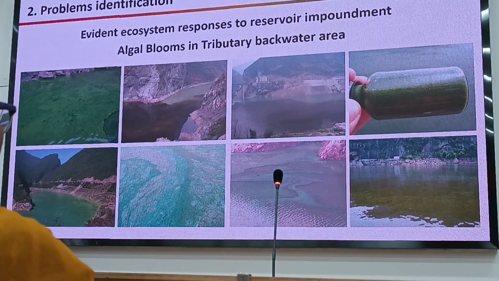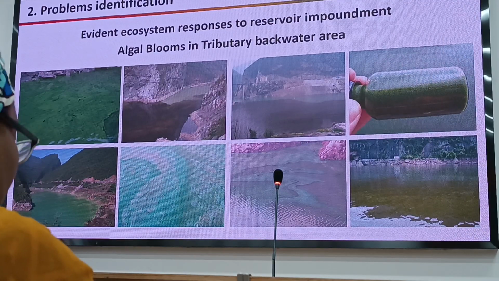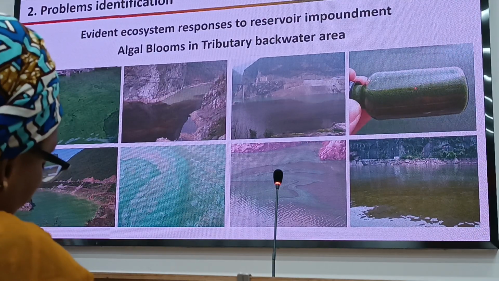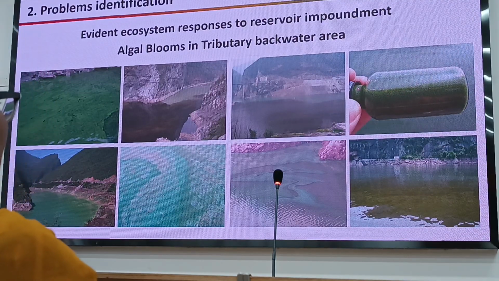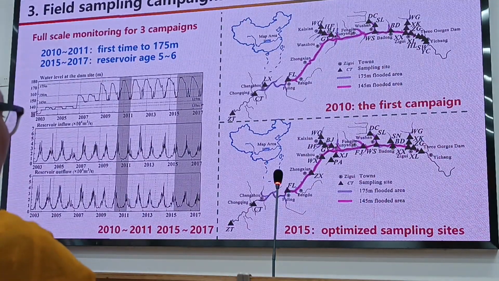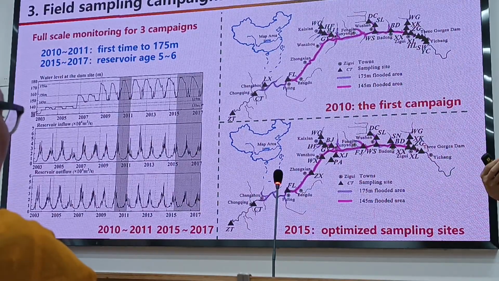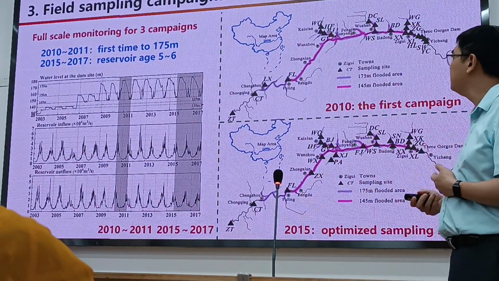For instance, these are algal blooms from dinoflagellates, and these are cyanobacterial blooms. These are Anabaena, and also some dinoflagellates mixed with cyanobacterial blooms, and these are Microcystis blooms. All these are consequences of ecosystem change after the Three Gorges.